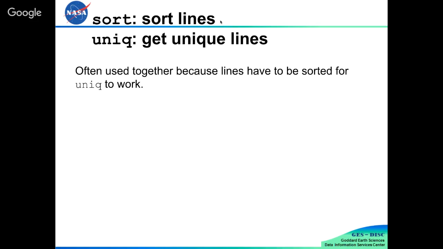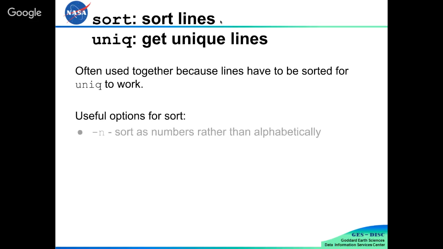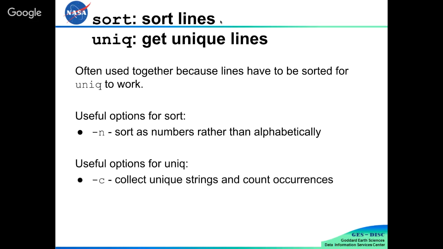Maybe there's some command line option to unique that says, hey, this is not sorted. As I said, -n will sort things numerically as numbers rather than alphabetically, so that you get 1 and then 2 and then 100 rather than 1, 100, and 2. And unique -c will tell you how many occurrences there were.